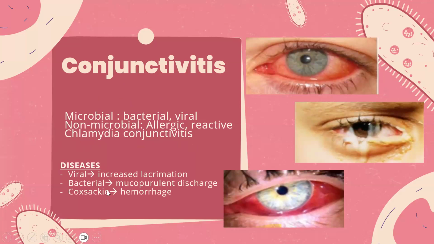Okay, so the three differentials here: viral has increased lacrimation. This is viral conjunctivitis. In bacteria, you have mucopurulent discharge, and in a specific virus, which we call the Coxsackie virus, we have a hemorrhage. So in Coxsackie, we have hemorrhage. In any bacteria, we have mucopurulent discharge. In virus, generally, we have increased lacrimation and also obviously redness.